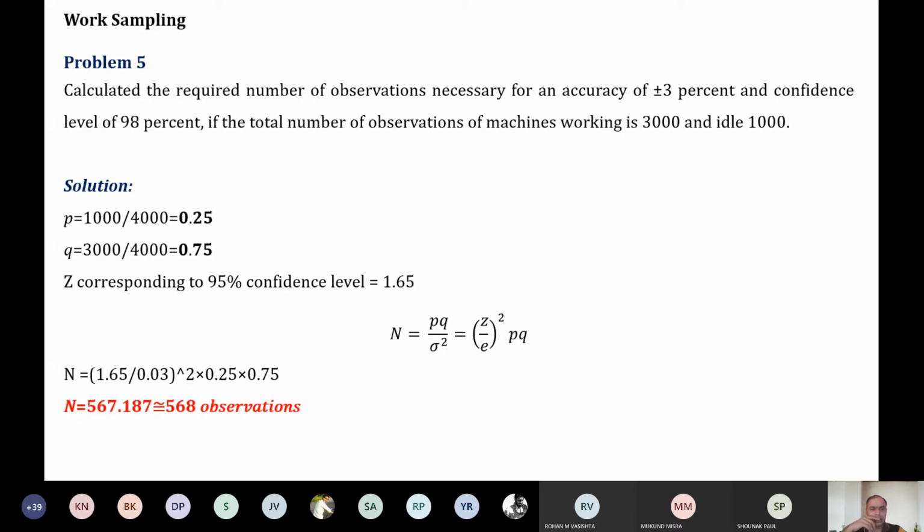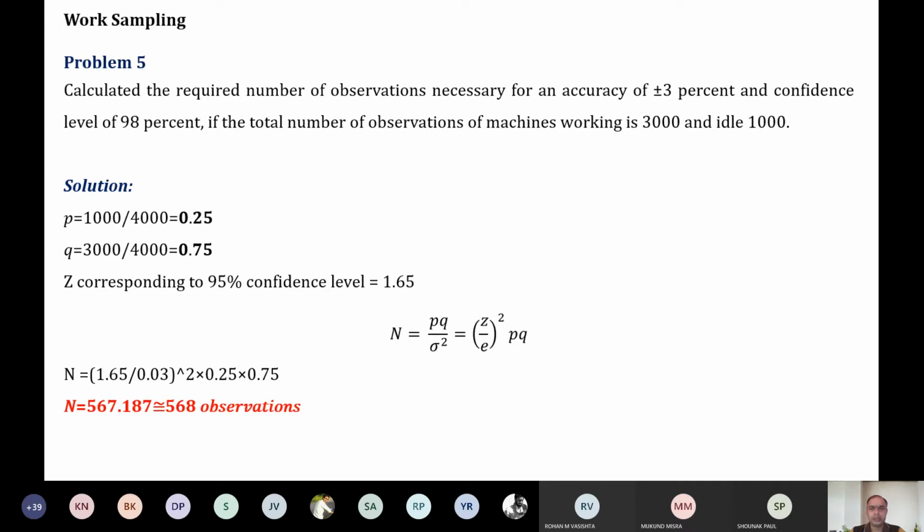Then if the total number of observations for machines working is 3000, that is the machine is working for 3000 times and idle for 1000 times. So the total number of observations is going to be 3000 plus 1000, that is 4000.